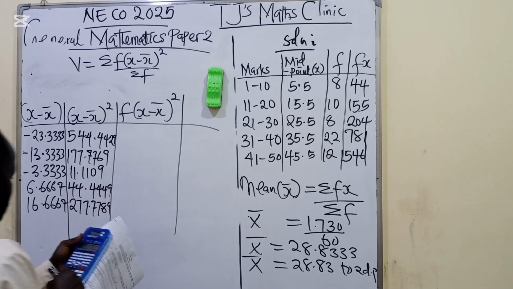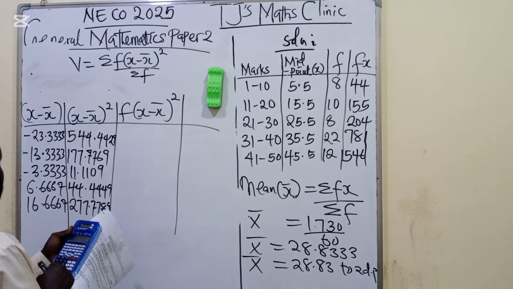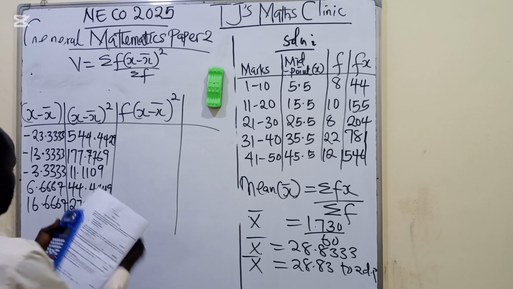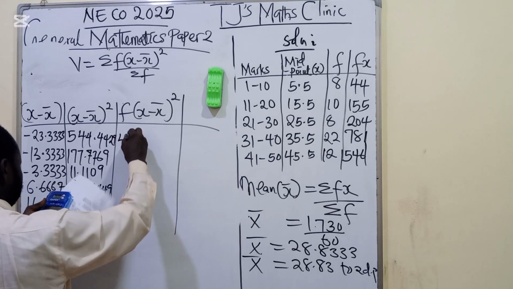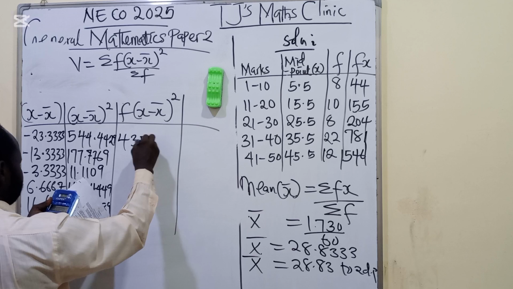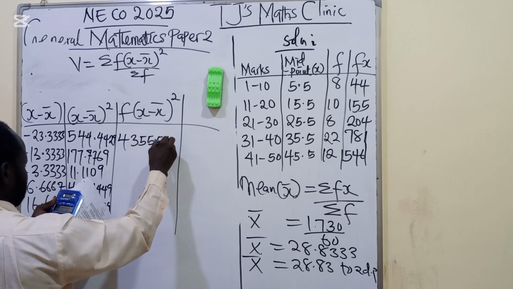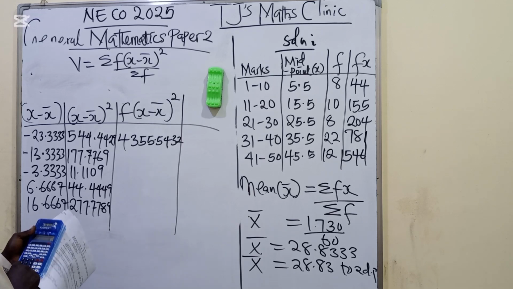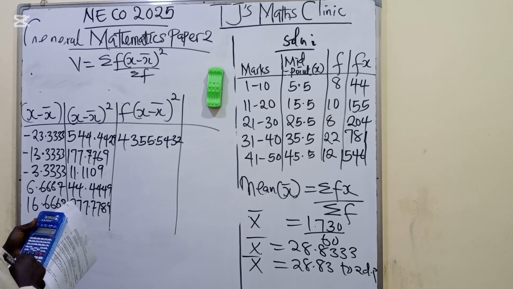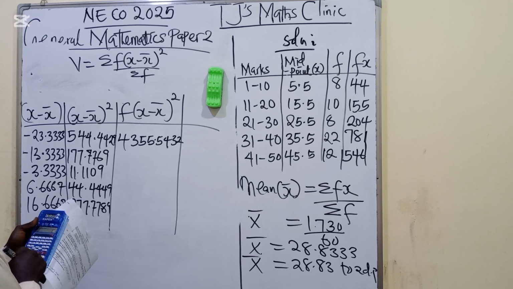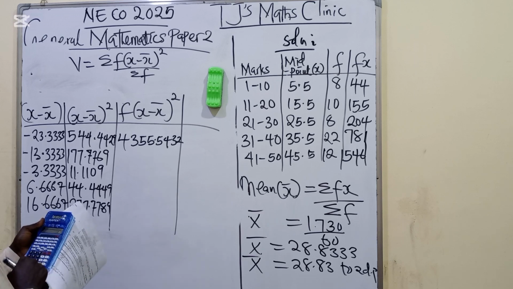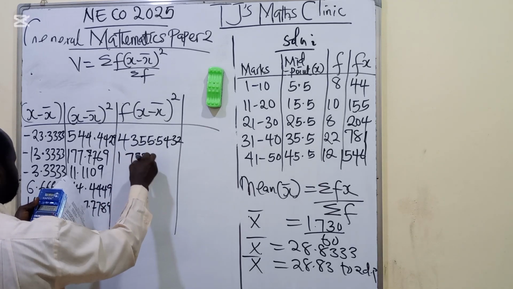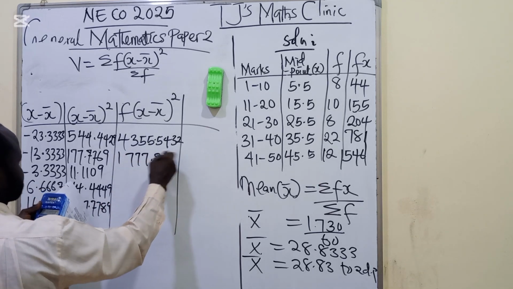The next thing for us to do is to multiply this by the frequency to get the last column now. So 544.4449 times the frequency 8 will get 4355.5432. Next, the frequency 10, that's 177.7769 times 10 will get 1777.769.